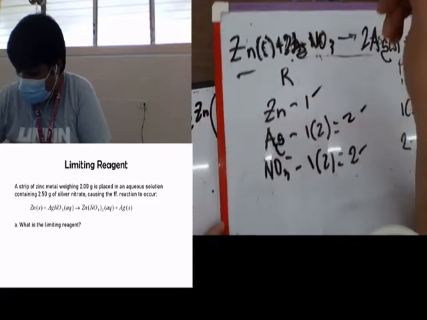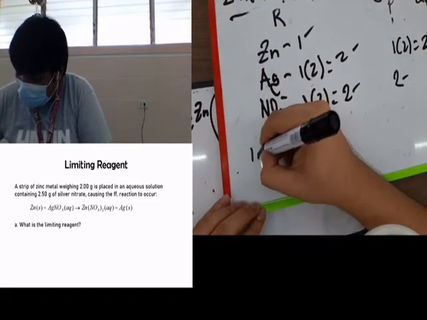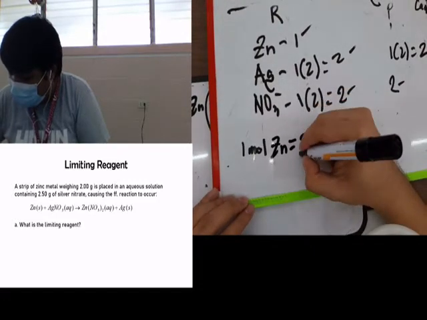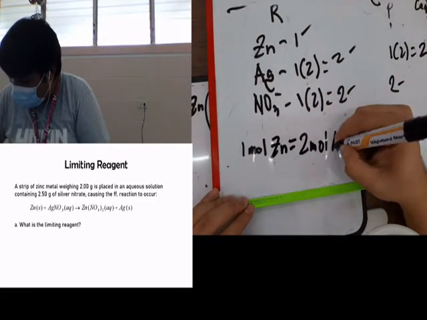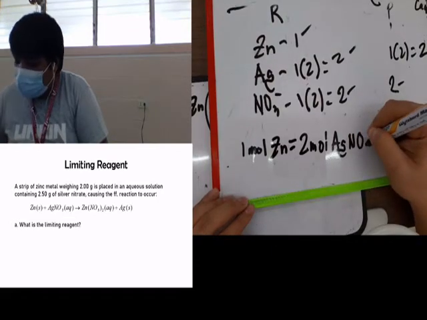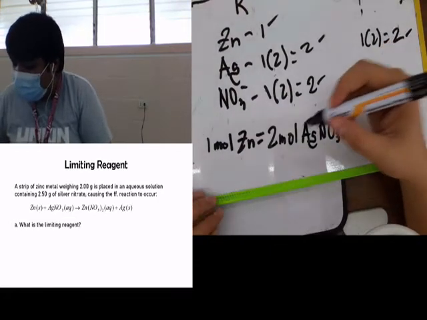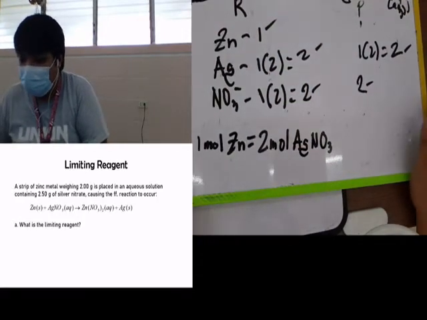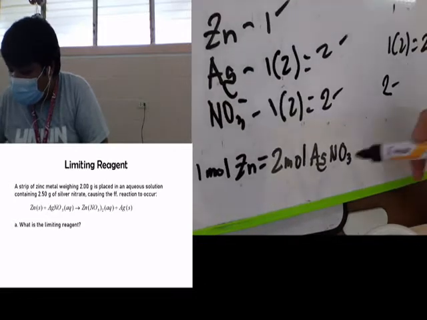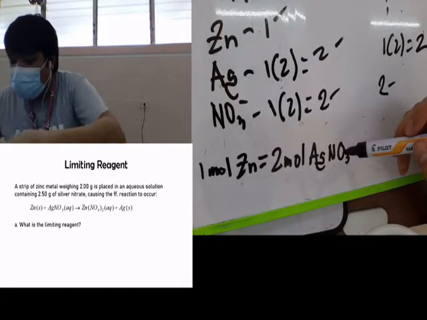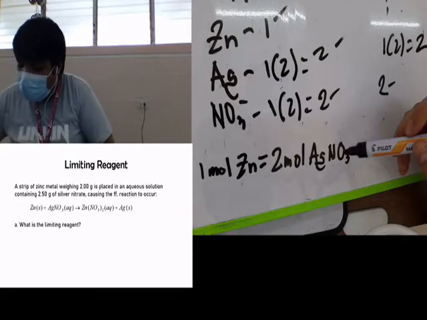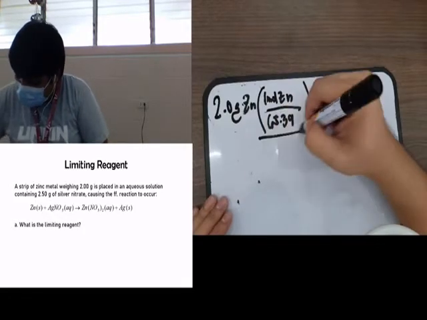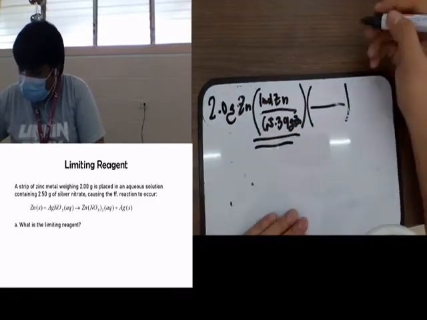That means 1 mole of zinc is needed to react with 2 moles of silver nitrate. If you have 1 mole of zinc, you need 2 moles of silver nitrate to consume that 1 mole of zinc completely. We will use this as our conversion factor to convert the moles of zinc we obtained to moles of silver nitrate.